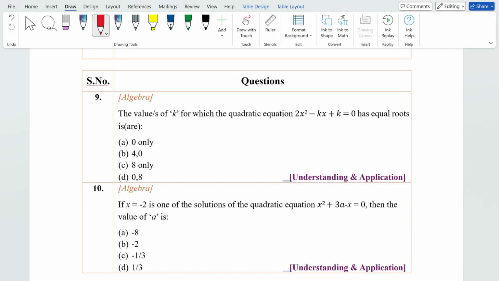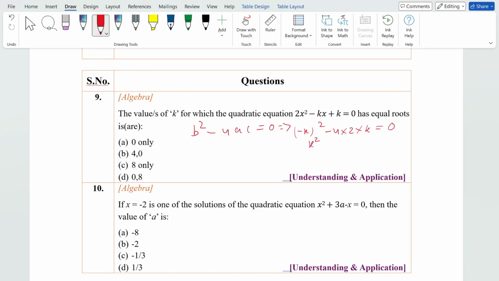Now quadratic equation, questions 9 and 10. The value of k for which the quadratic equation has equal roots. Equal roots means b square minus 4ac equal to 0. That means here b square is minus k square, minus 4 into a is 2 into c is k equal to 0.